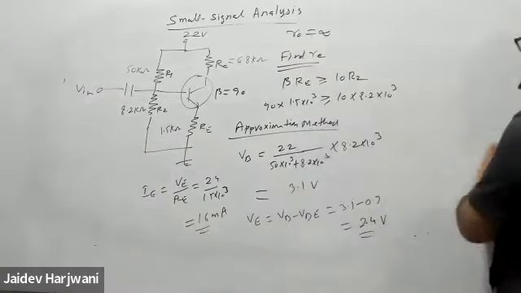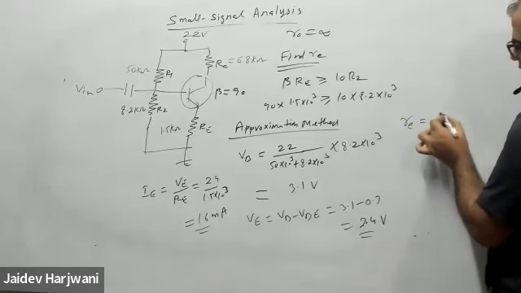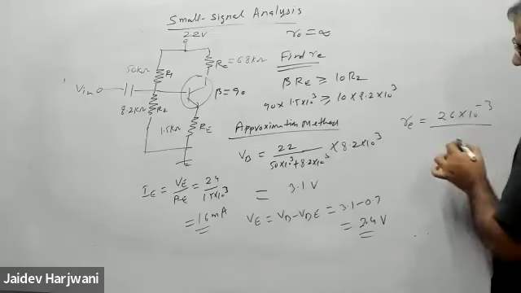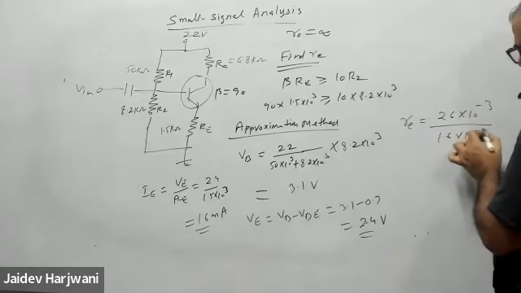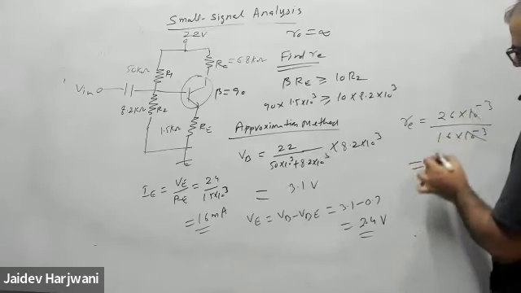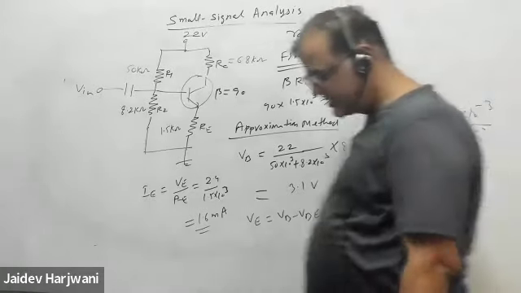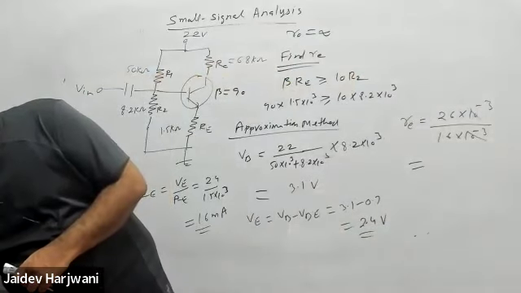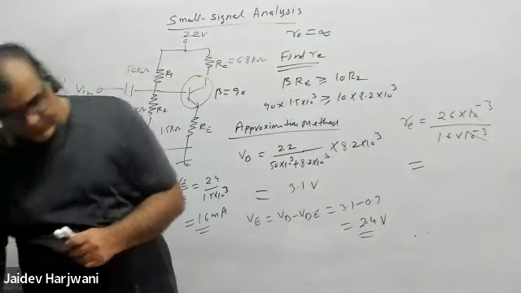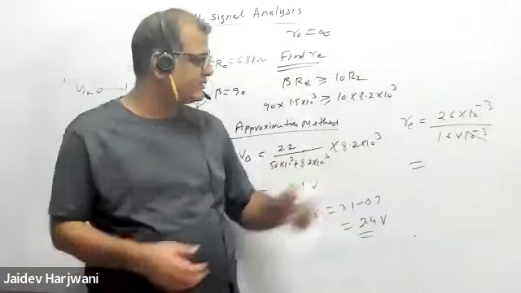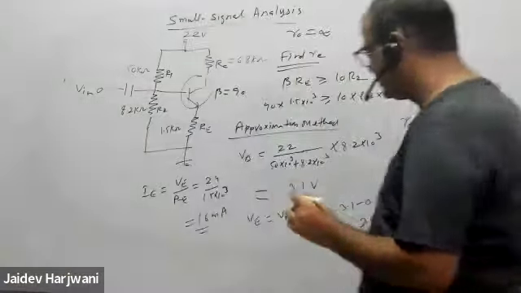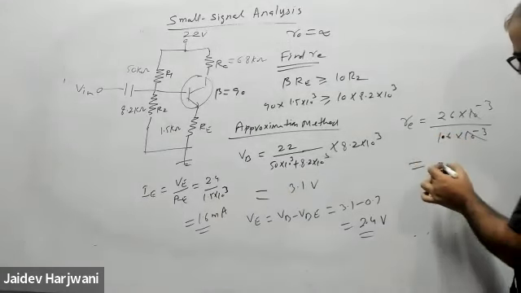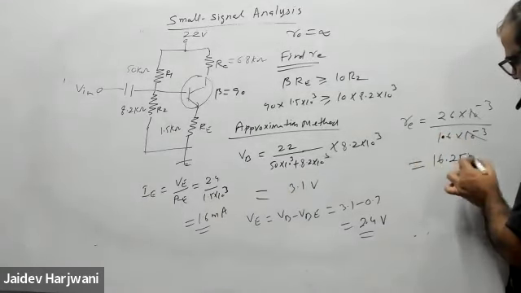So now what is your value of re? 26 millivolt divided by 1.6 milliamp. How much is coming? 26 divided by 1.6 is 16.25.